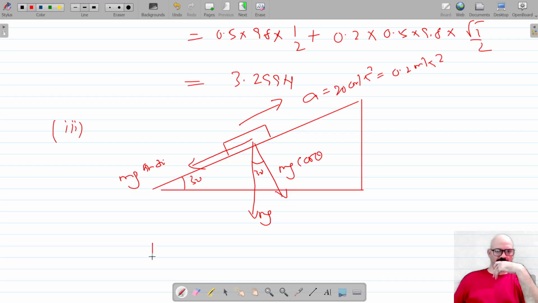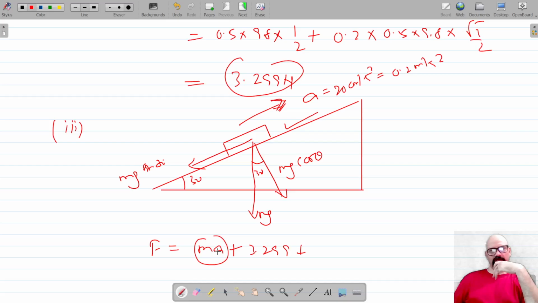So there is an additional force that we have to add to this force to move this block up the inclined plane with an acceleration of 0.2 meter per second square. We have to just add this additional force to move this block up the inclined plane with that acceleration.